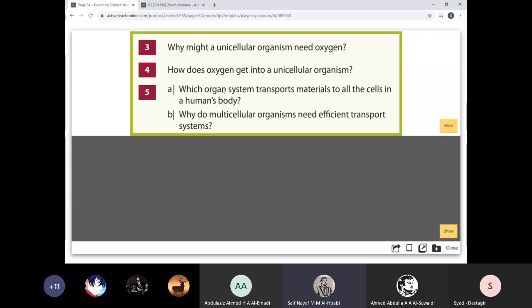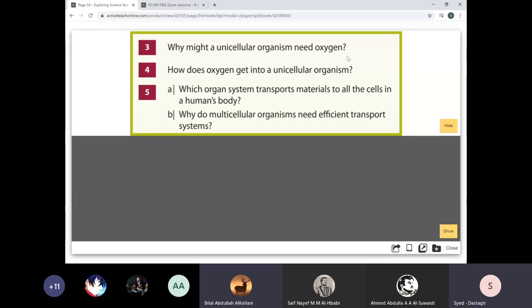To fill up all material it needs quickly. That doesn't quite make sense. It's not a balloon. Bilal, your answer, please. For which question? Number 3. Because they need to respire.